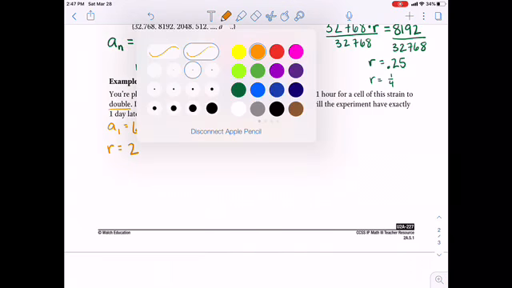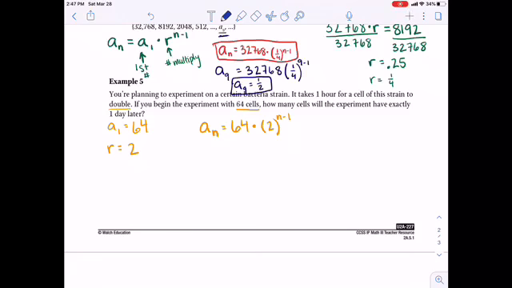All right, well, once I know that, now I'm ready to figure out how many cells I'm going to have one day later. Now notice that we double every hour the number of cells that we have. So since it doubles every hour, if I want to know about one day later, I need to know how many hours that is. Well, there are 24 hours in a day.